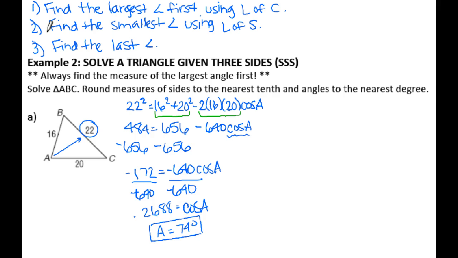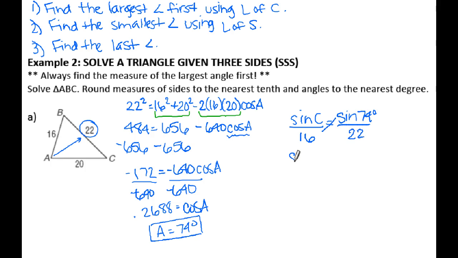And then to step 2, find the smallest angle. My smallest angle is opposite the smallest side, so I'm going to solve for angle C using the law of sines. I like using the law of sines better than the law of cosines when I get the chance, just because the law of cosines takes a lot more work and space. But I have sine of C over 16 equals sine of 74 over side C, which is 22.